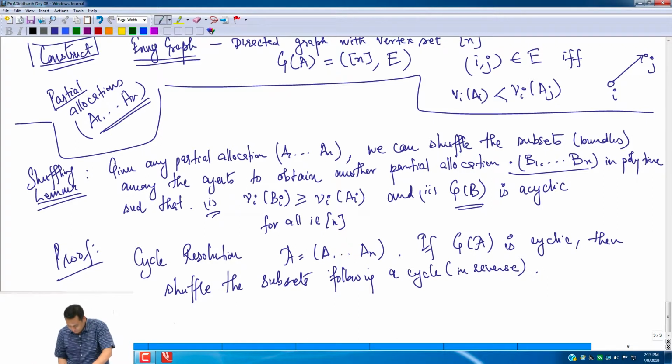So from partial allocation A, you resolve the cycle, you get another partial allocation B.